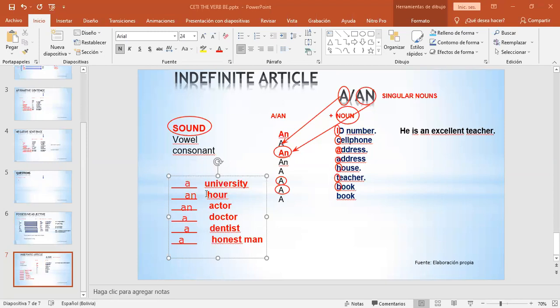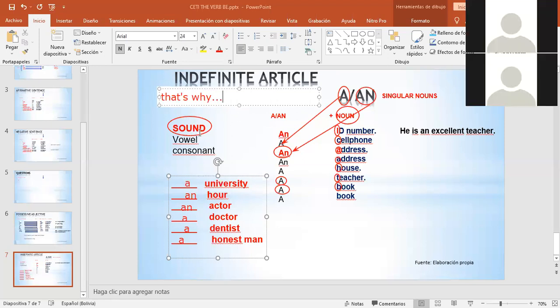That's why I said, focus on the sound. Sound of the noun. If this letter is a vowel sound or a consonant sound.